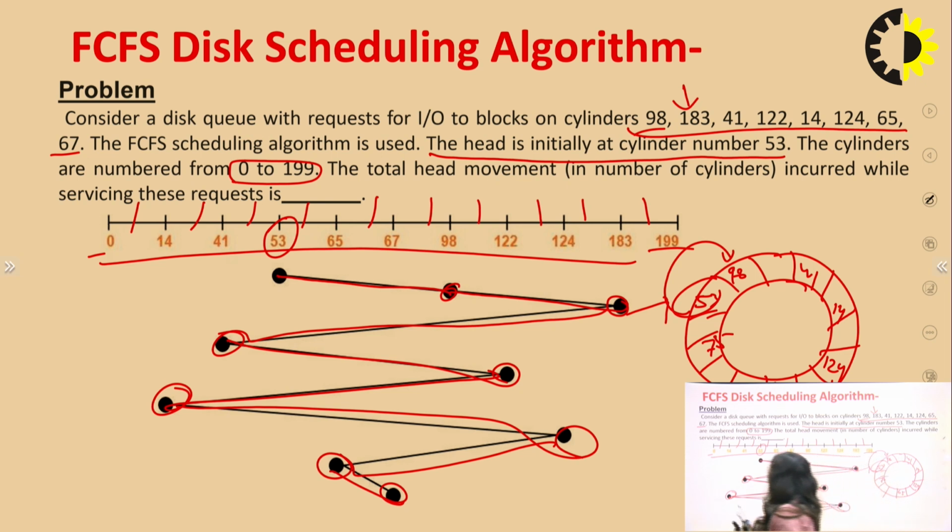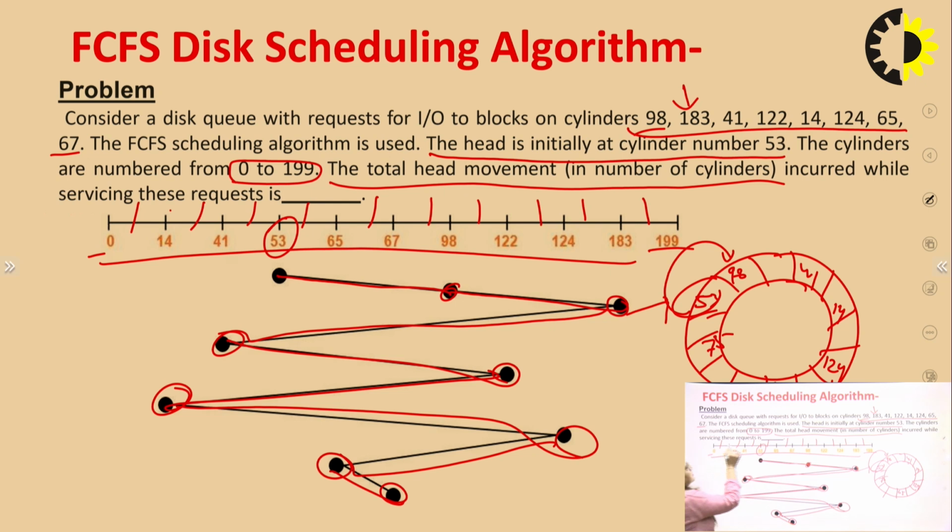Now we want to find the total head movement in number of cylinders incurred while servicing these requests. There is no need for any complex calculation, just a simple subtraction of the beginning point from the destination point.